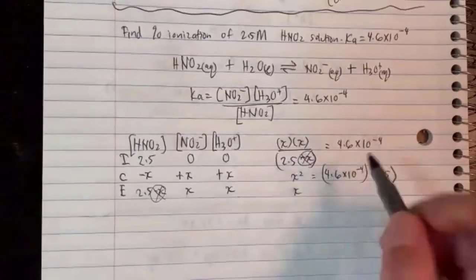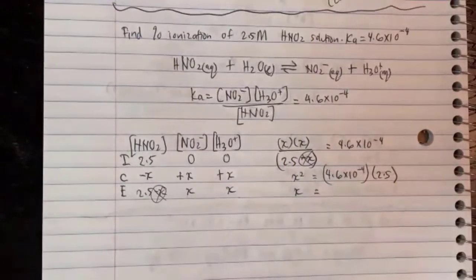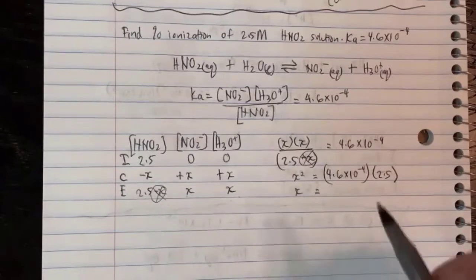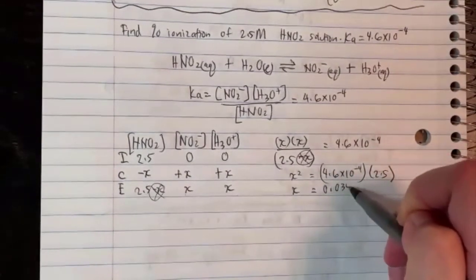So let's take the answer of these two and multiply it together and take a square root of that to get what x is going to be. So it was like 1.15 times 10 to something. And then when you take a square root, I get 0.034.